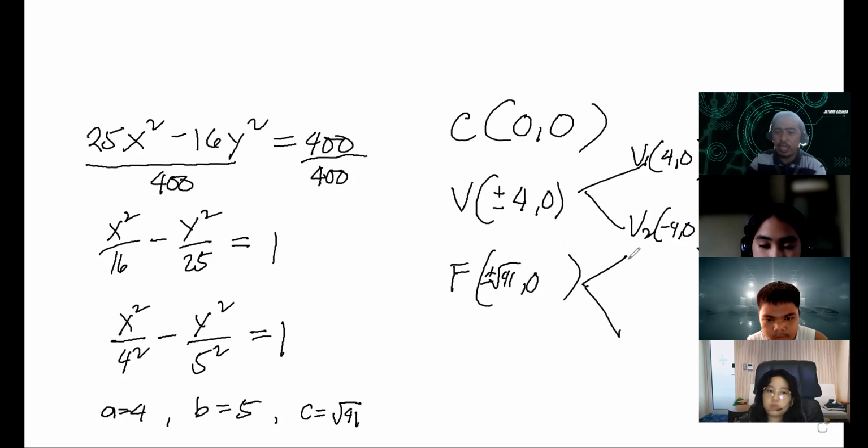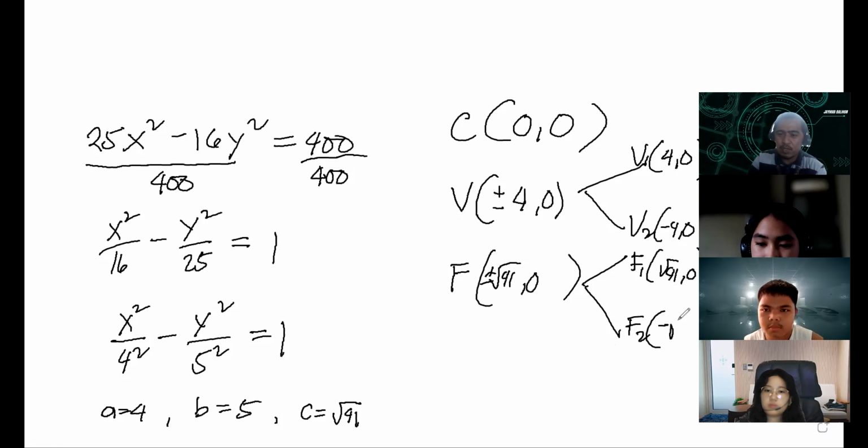So the two foci that you have are focus 1, (square root of 41, 0), and focus 2, (negative square root of 41, 0). What is the square root of 41, class? Approximately 6.4.